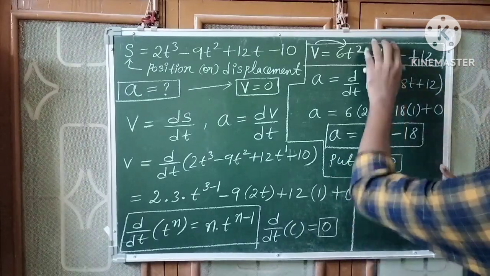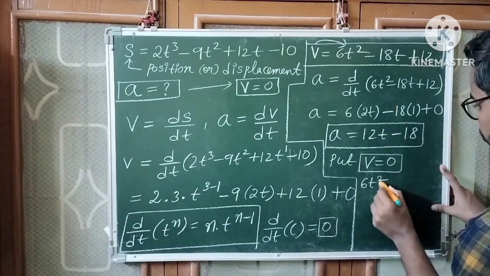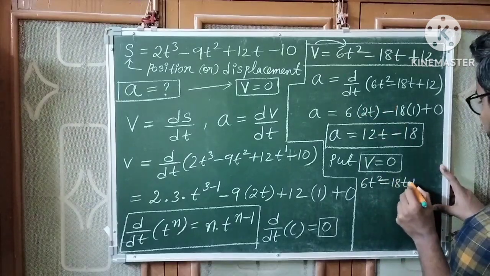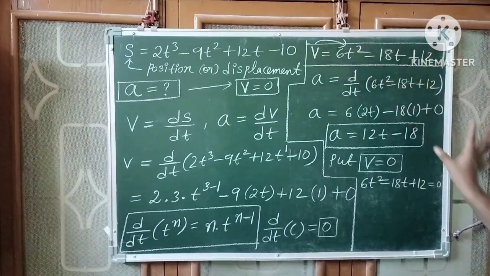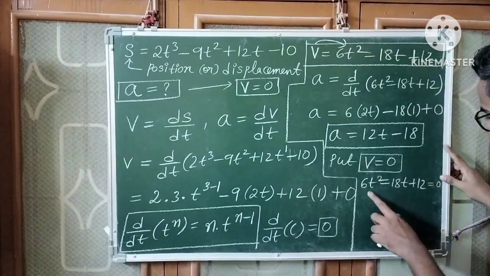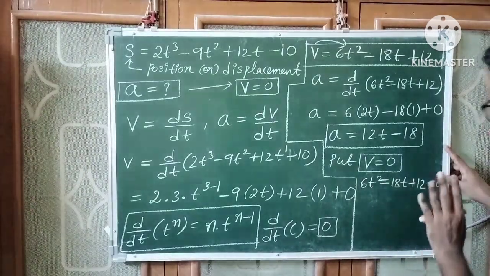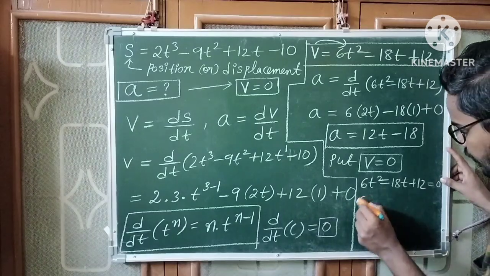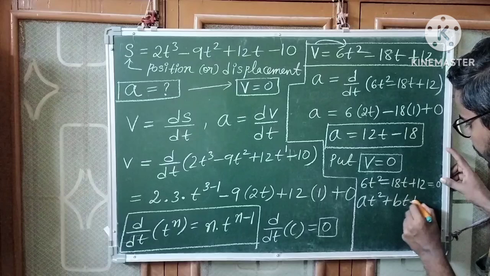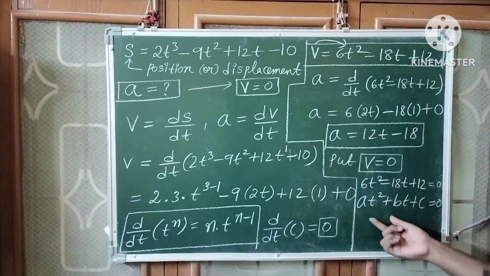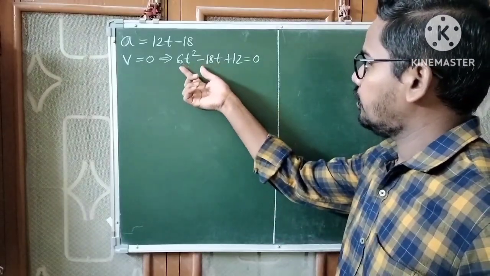It means this expression must be equal to 0: 6t square minus 18t plus 12 equals 0. If this expression is 0, then velocity is 0. Now see, this is a quadratic equation in terms of t, because the highest power of the variable is 2. This is like at square plus bt plus c equals 0, the standard or general form of a quadratic equation.